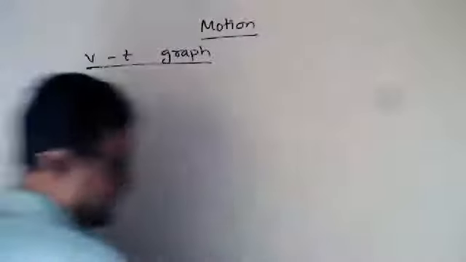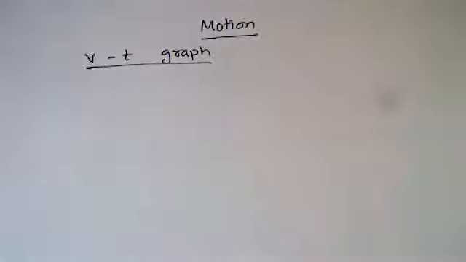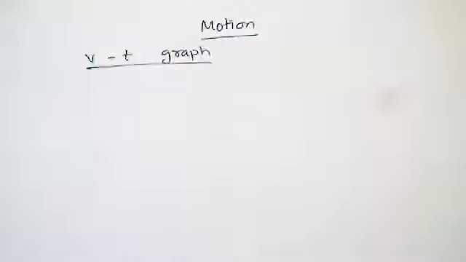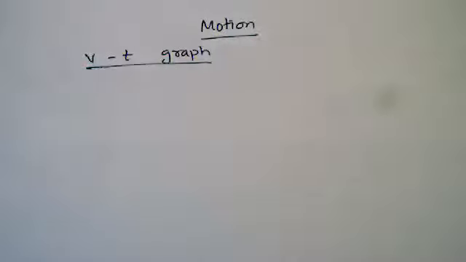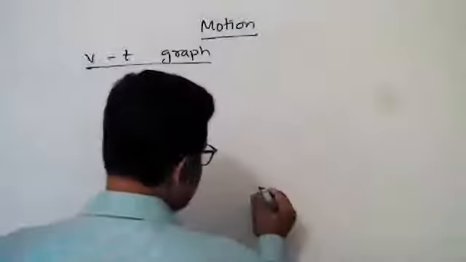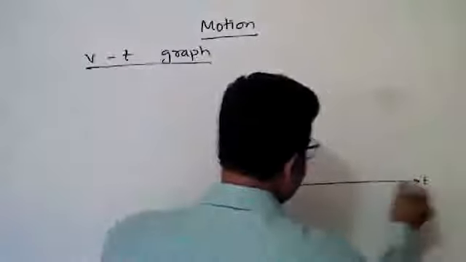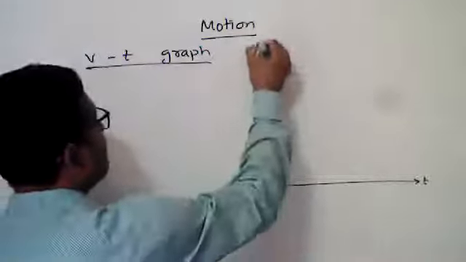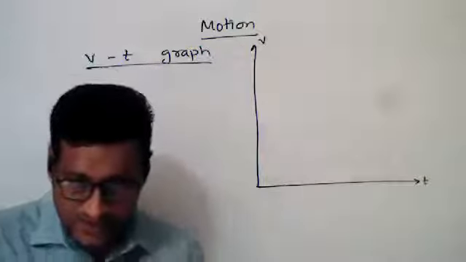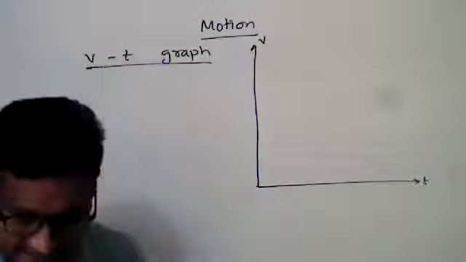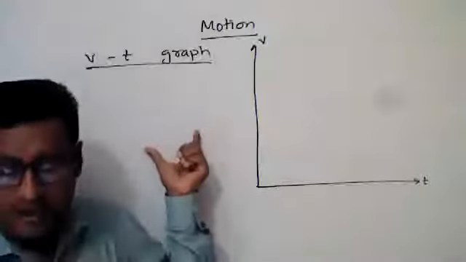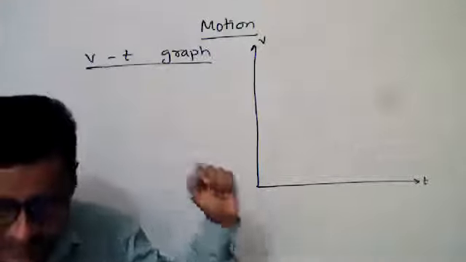So in a velocity time graph, you place the time on the x-axis and velocity on the y-axis. You have to remember this.